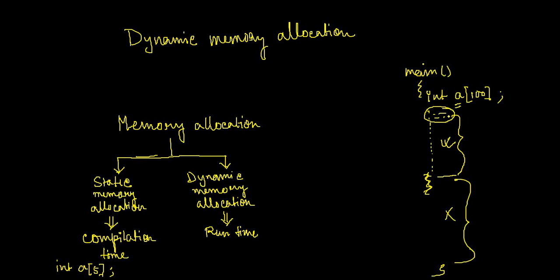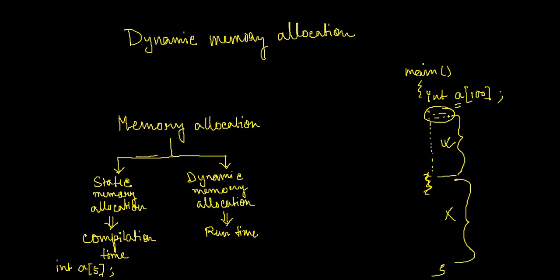Dynamic memory allocation says you don't need to declare variables statically at compilation time. Rather, you allocate memory whenever you require it, and if it is not required after some time, you can just delete it. So from this point of view, dynamic memory allocation has an enormous role in large applications.